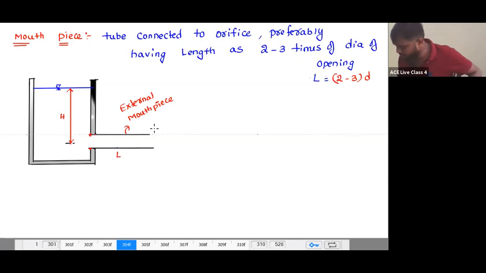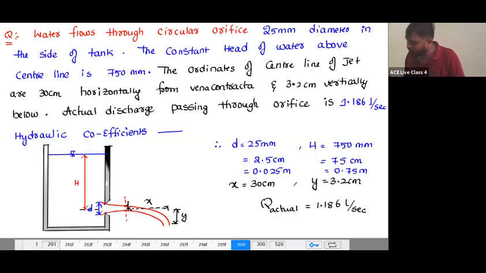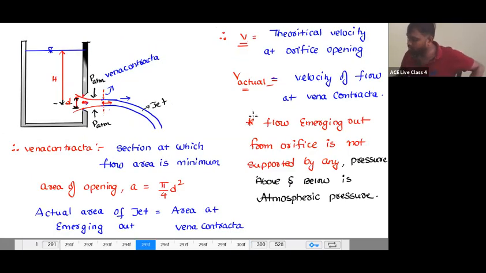The difference between the orifice and mouthpiece: I told you one point over here. While the flow is emerging out from an orifice, the flow is not supported by anything, so the pressure above and below is atmospheric pressure.